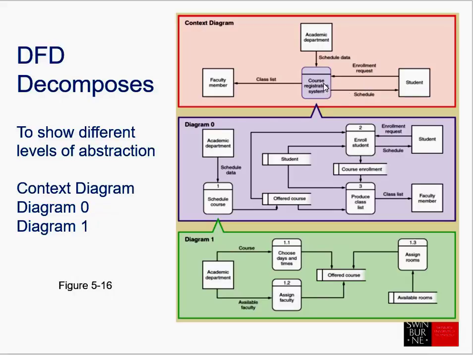We are showing it as one single process, and there are three external agents involved in the course registration system. And then based on the fragments that we have created, we can decompose the system into diagram 0, which combines all these three fragments.